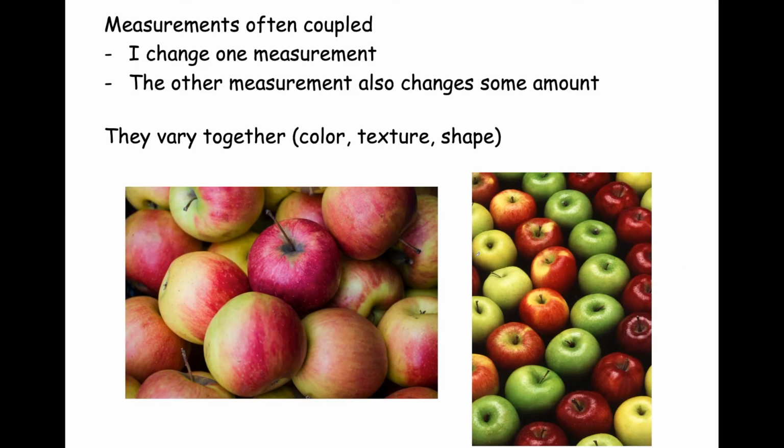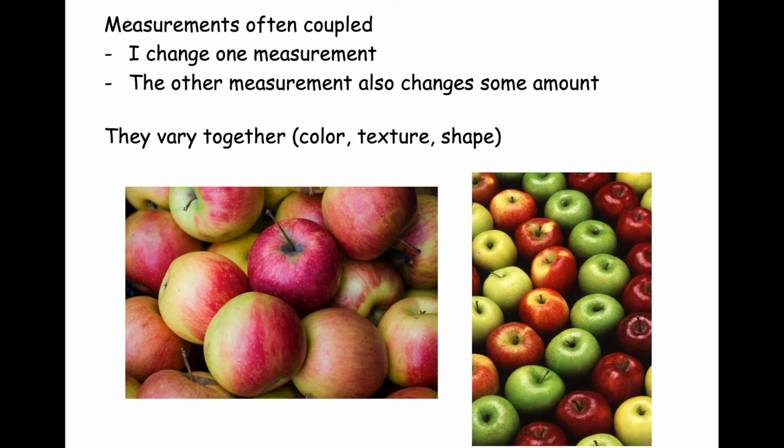All right, so measurements are also often coupled together. You change one measurement and the other measurement also changes some amount. So that means they vary together. So let's take, for example, apples. If you were to look at the color of an apple, well, it's kind of red, kind of brown, kind of green, kind of yellow.